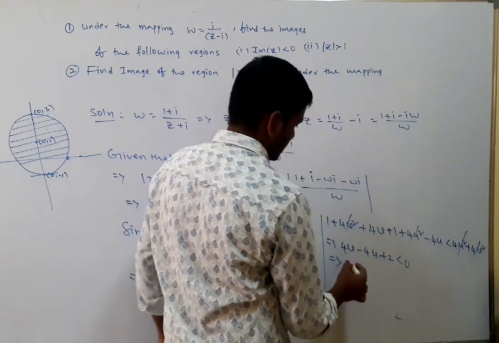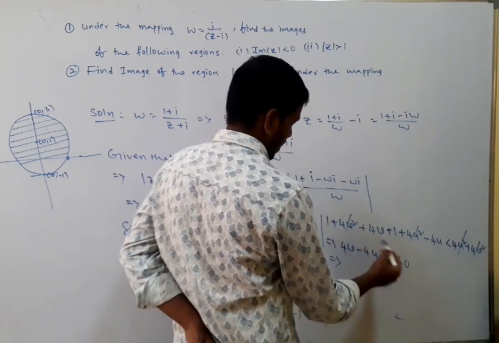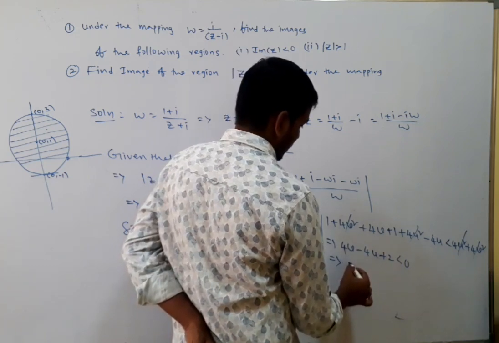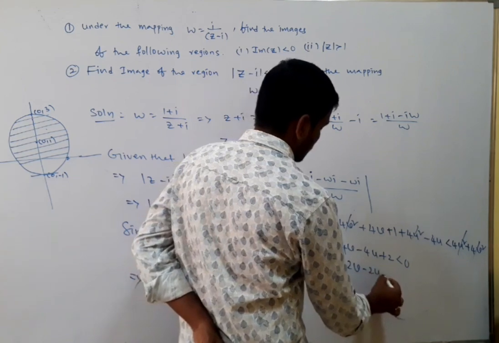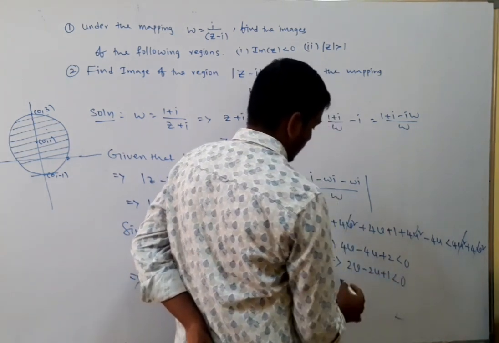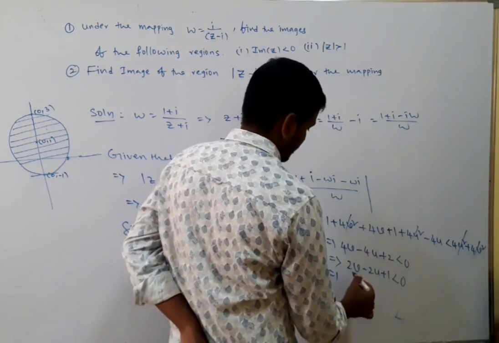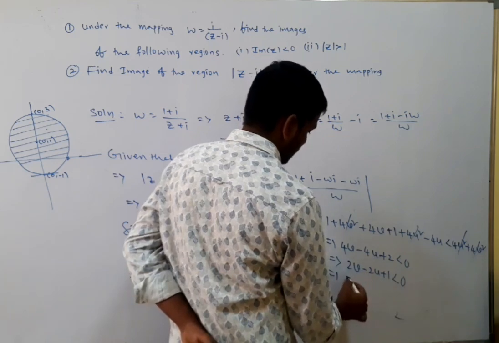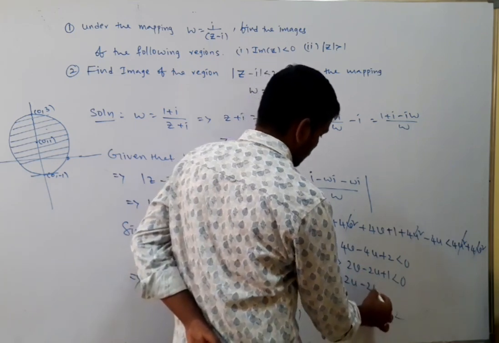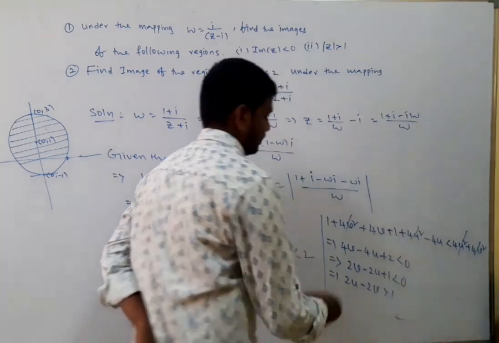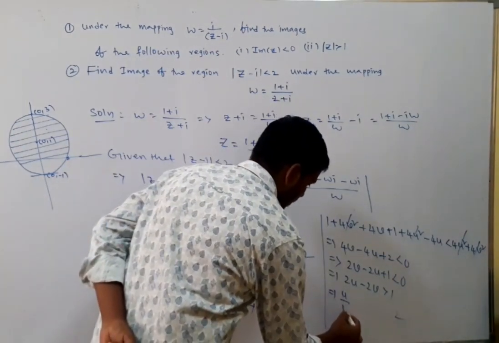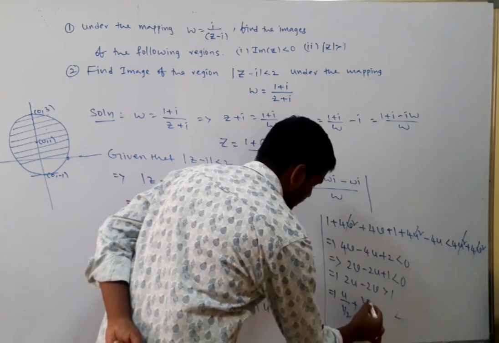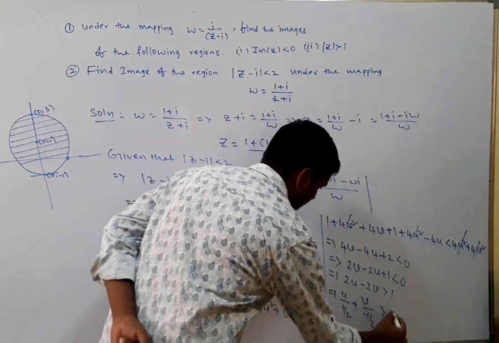So this can be written as, taking 2 common and cancelling it, or minus 2, also no problem. Right, 2v minus 2u plus 1 is less than 0, or this can be written with a negative sign, so it becomes 2u minus 2v is greater than 1, or u divided by 1/2 plus v divided by minus 1/2 is greater than 1.